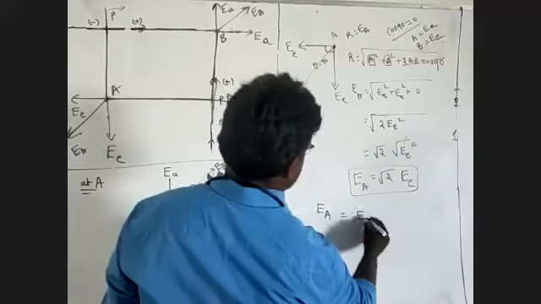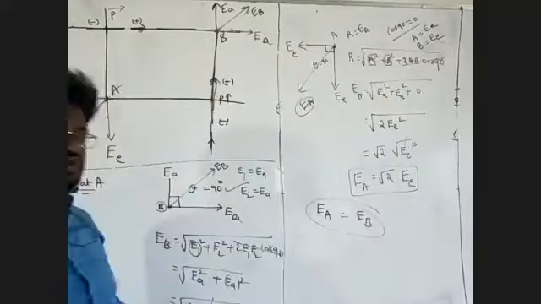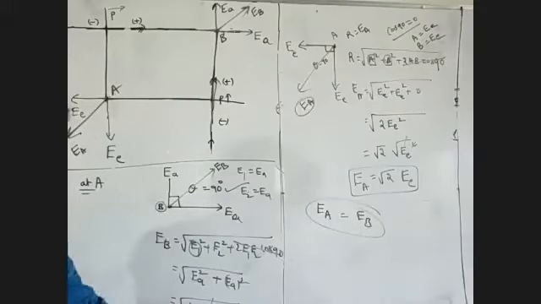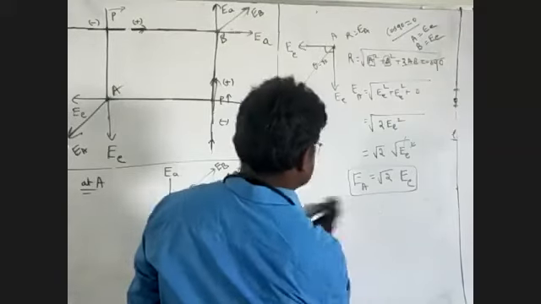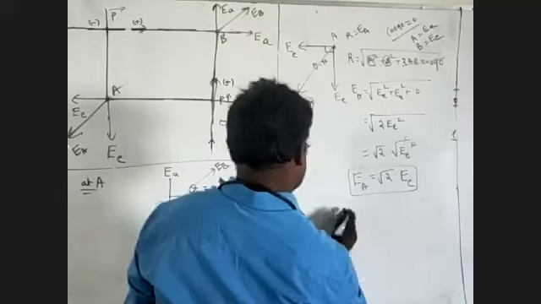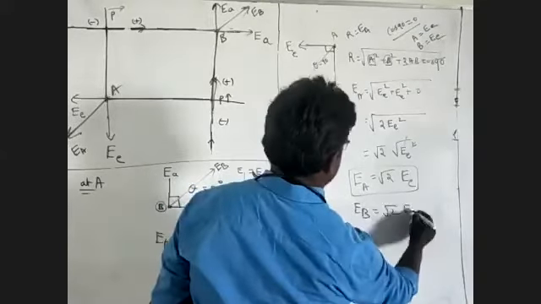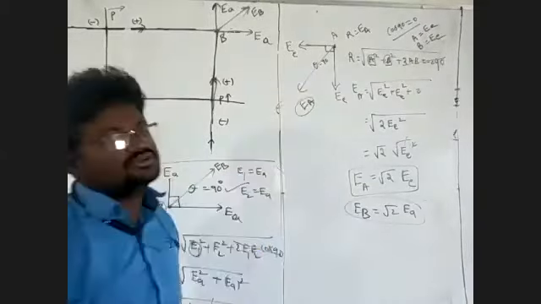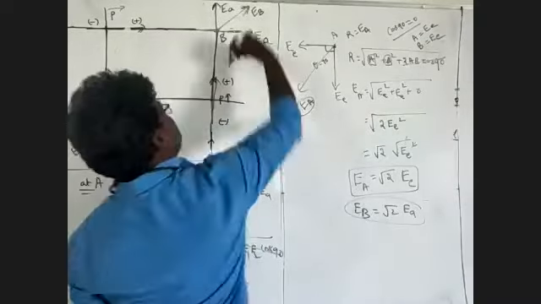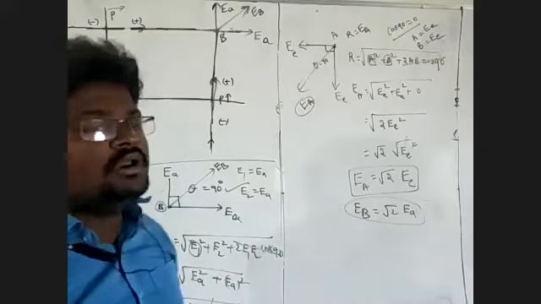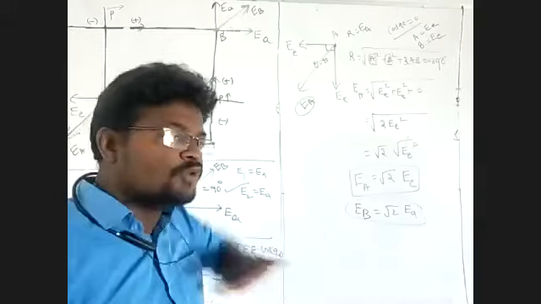This is the EB direction. Both are in opposite directions. EA is equal to root 2 E, and EB is equal to root 2 EA, but the direction is opposite. This is the EA direction and this is the EB direction. Both are in opposite directions. Now the electric dipole topic is over.